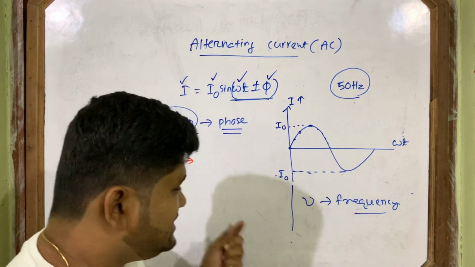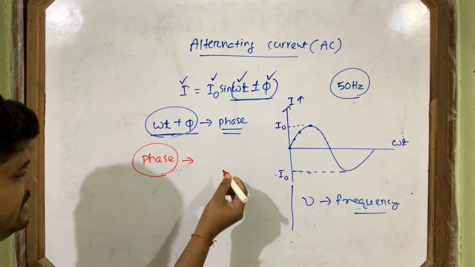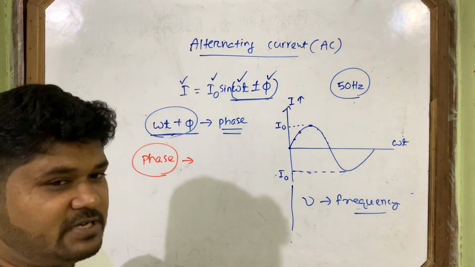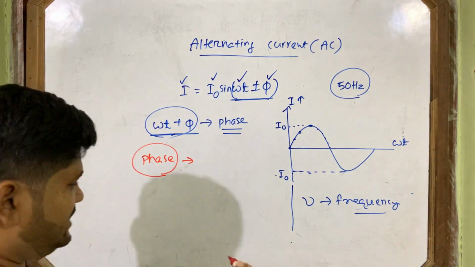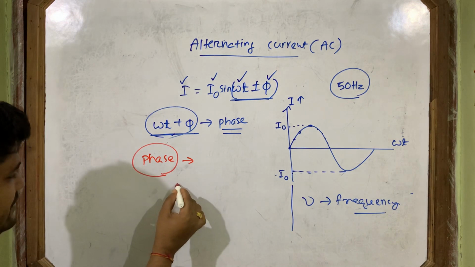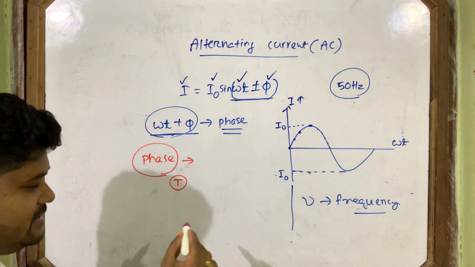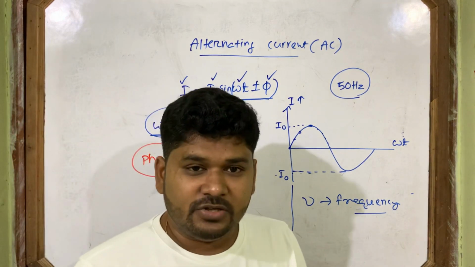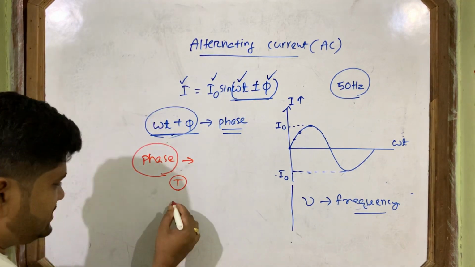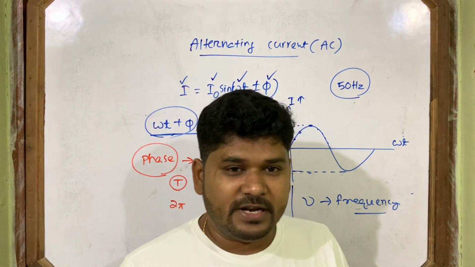And this phase is written either as a fraction of pi or as a fraction of the time period T. The whole is T or the whole is 2 pi. The fraction of 2 pi or the fraction of T. You see how I am telling?